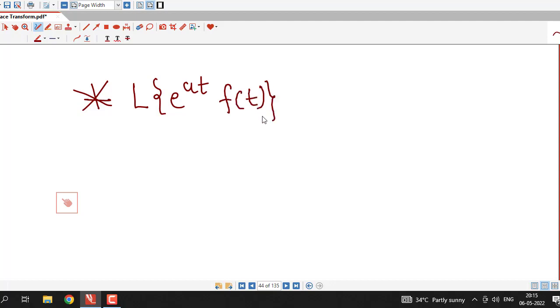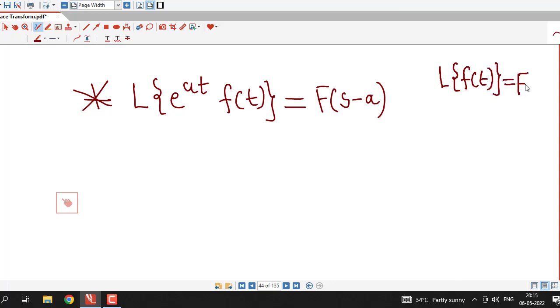So remember these important formulas. We have discussed all standard formulas for Laplace transform, and we have discussed first shifting theorem, that is how to find Laplace transform if our function is multiplied by exponential function. That we obtain by replacing s by s minus a, where F of s is Laplace transform of f of t.